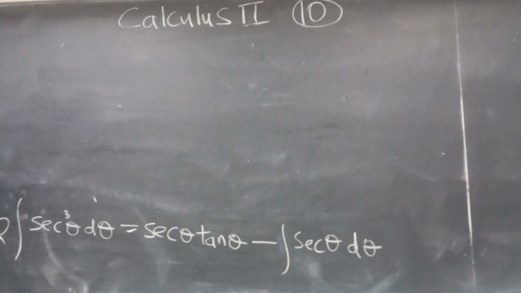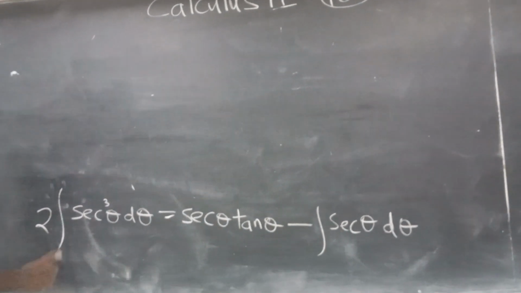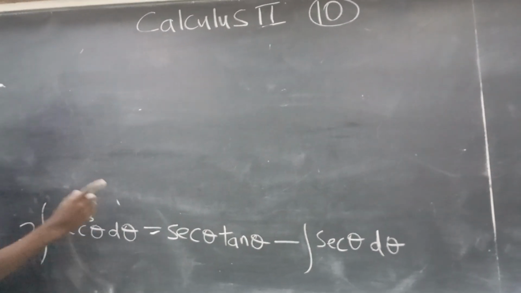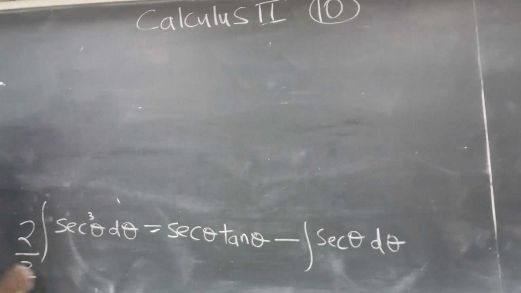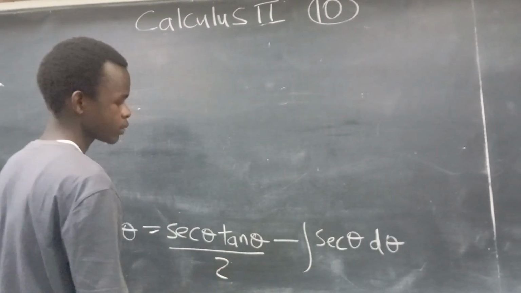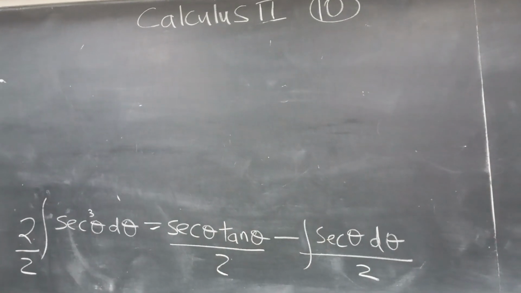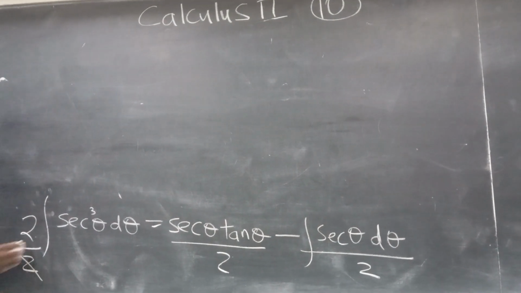This is the longest question, the longest integral we have had. So we want our secant cubed alone. So we'll have to divide by 2. Then here I'll divide by my 2. Again here I'll divide by my 2. Right? So from there the 2 goes with the 2.